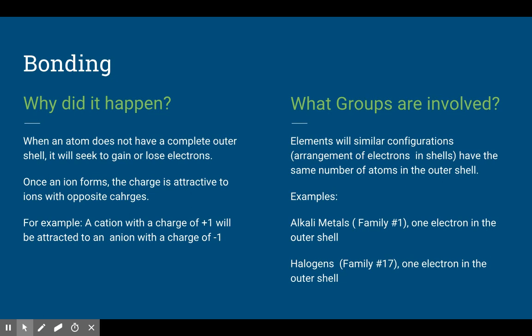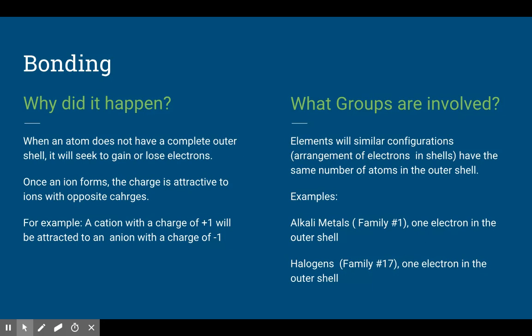That means the way that their electrons are organized in the shells surrounding the positively charged nucleus. If an element belongs to the same group, it will have the same number of electrons in its outer shell. Here are two examples.